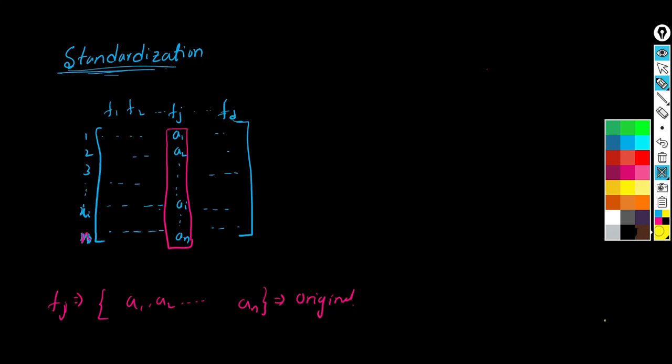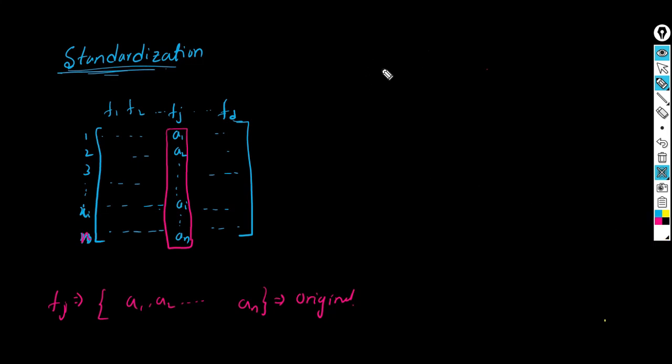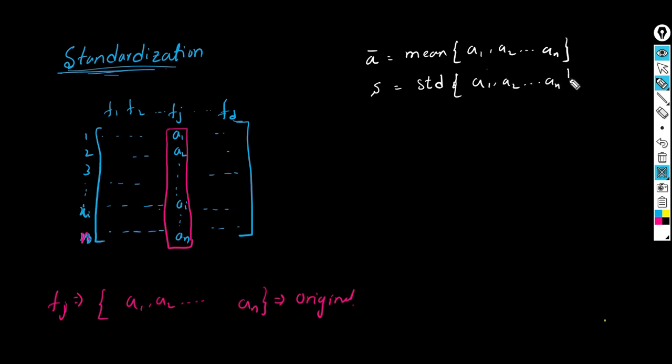In standardization, the first step is to find the mean of the feature and the standard deviation. Then we will standardize the values. First step is we find the mean. A bar, let's consider it the mean of the values a1, a2, up to an. Now we find the standard deviation, STD, of the values a1, a2, up to an.